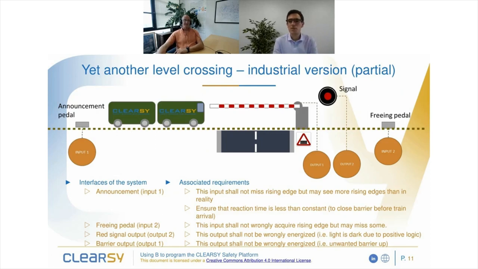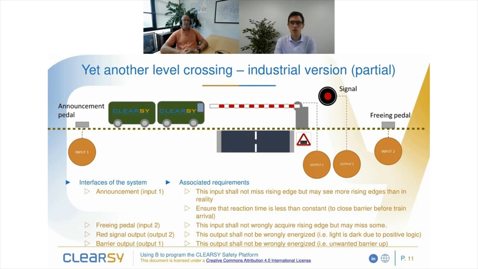Let's dive deeper into the level crossing example. Here we'll just discuss what is safety critical and what is not. We have 4 interfaces: 2 inputs, one for the announcement pedal and one for the freeing pedal, and 2 outputs, one for the barrier and one for the signal. The first thing we can notice is that being safe for a given interface is not always the same and depends on the context.